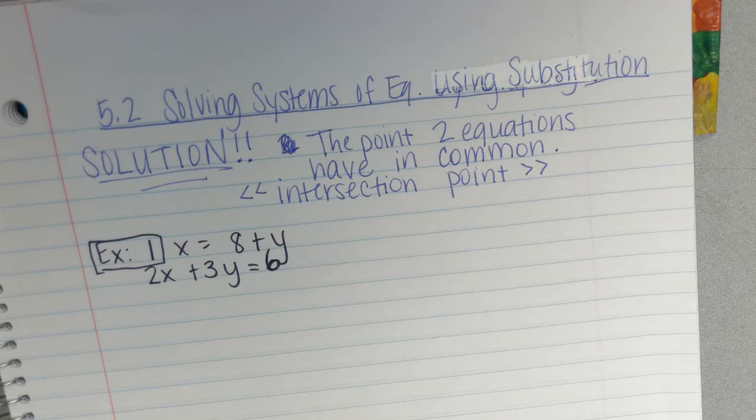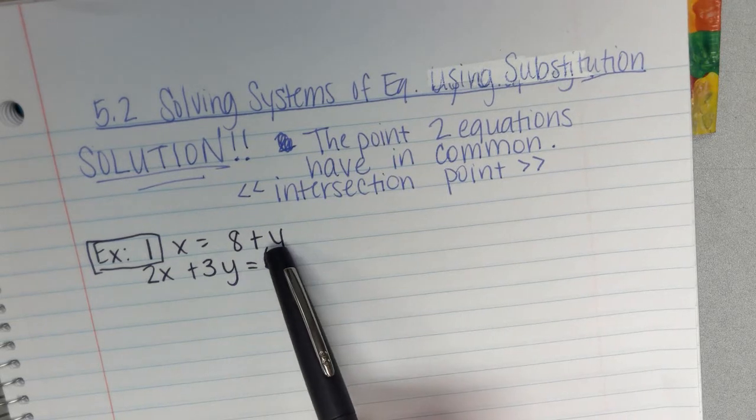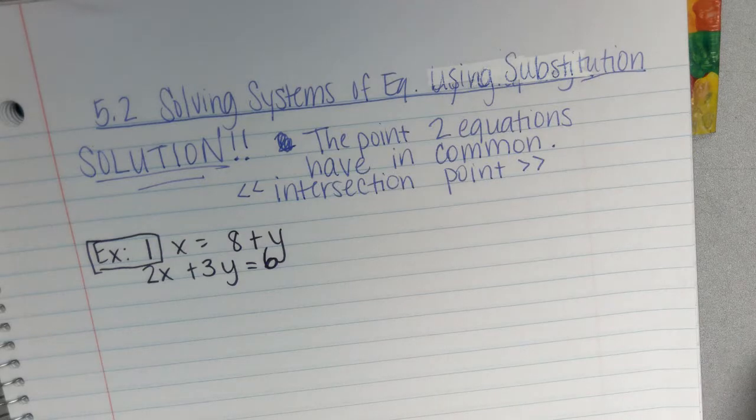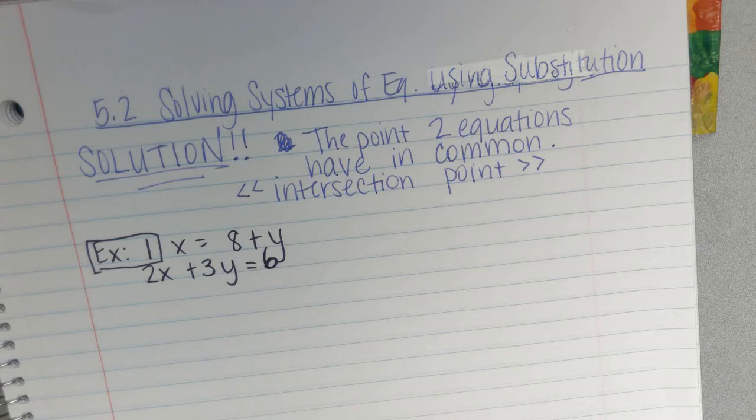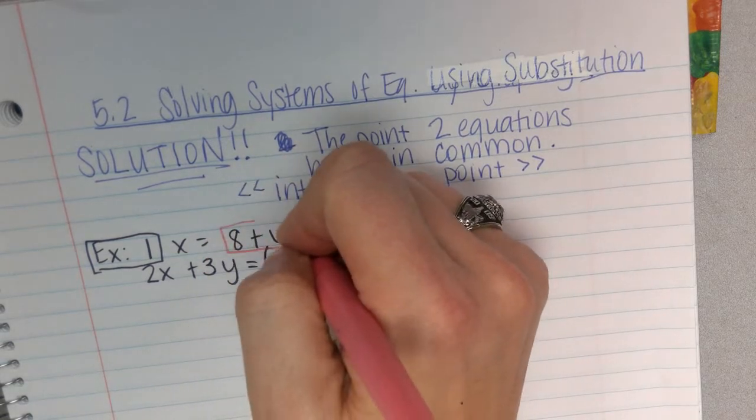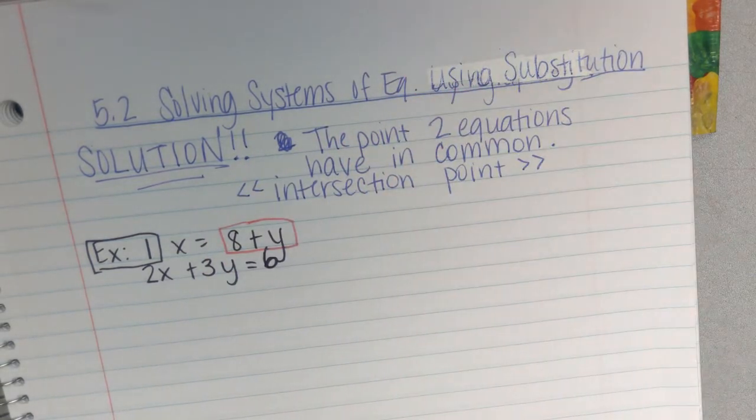It'll tell you x or y. Here we have x is 8 plus y. So what I'm telling you here is that in this system of equations, your x, in this example, is 8 plus y.